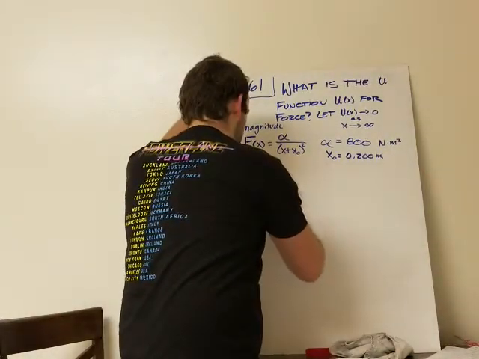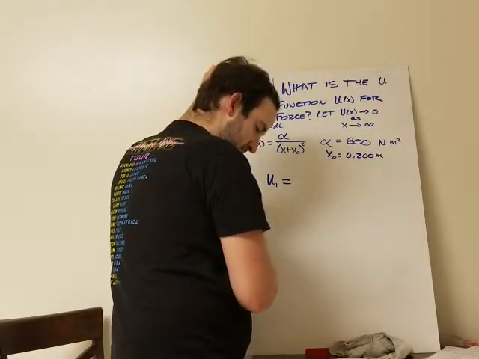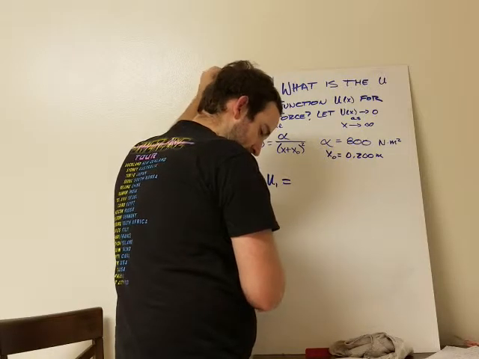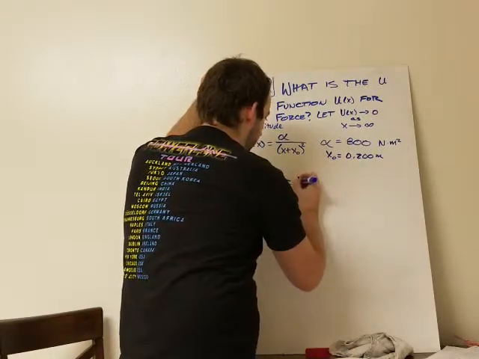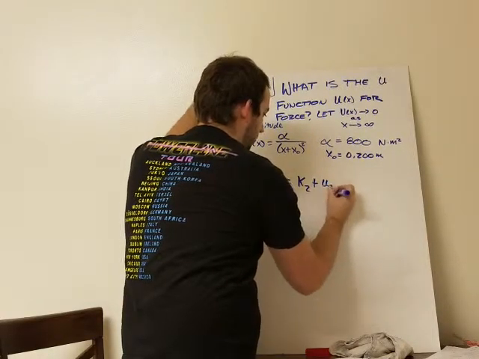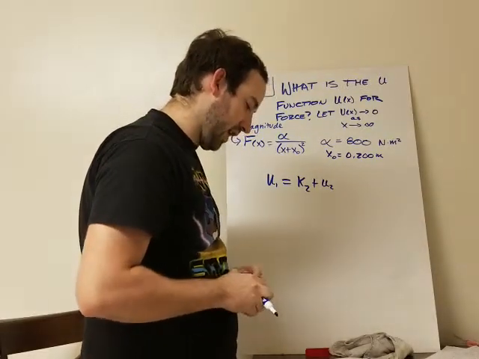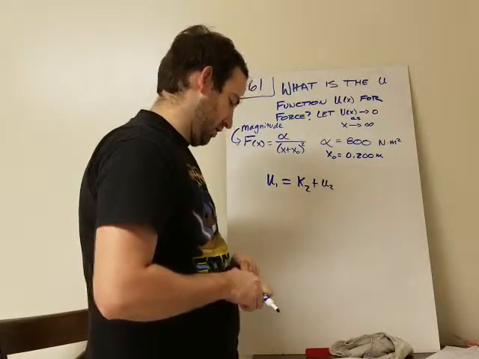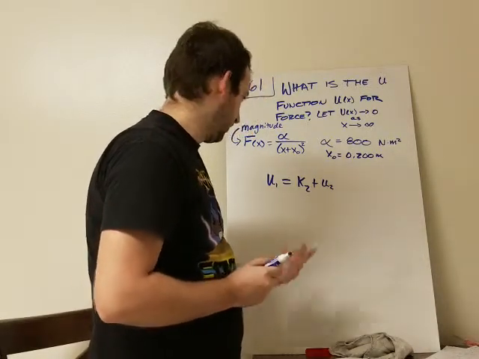So we'll say U1 equals, and then at the end we'll have kinetic energy and potential energy. Now that we have that, we can plug in the values we know.